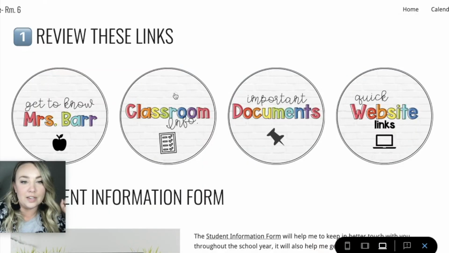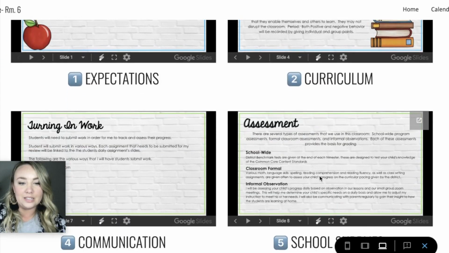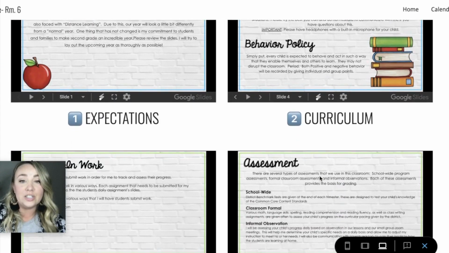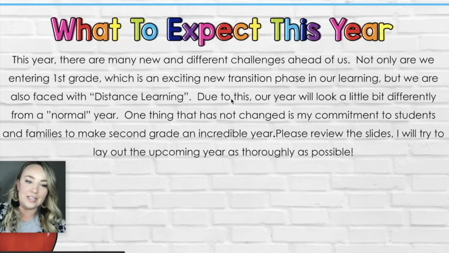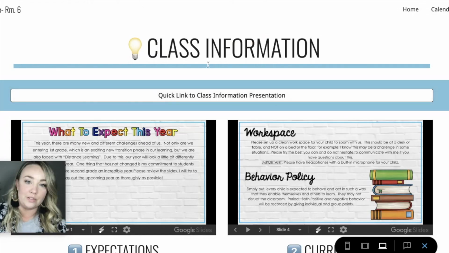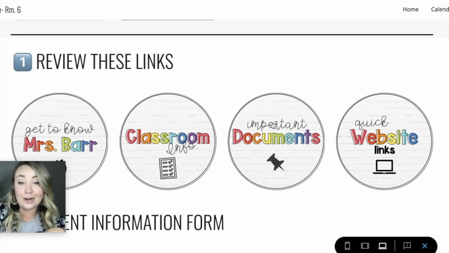After that, I have some classroom info. This is just one slide, and different pages have been linked on here, like expectations, their curriculum, communication, school supplies. I also am going to have a link here that takes them to the entire presentation so they can flip through that on their own. What else? Important documents. So whatever you need families to have quick access to. For me, we teach sight words, so I'm thinking like a sight word list, things like that.